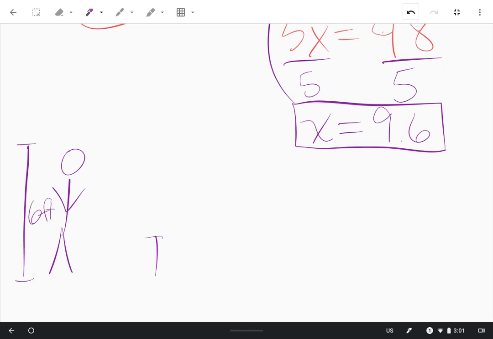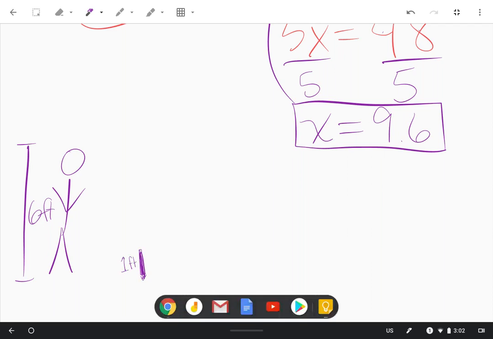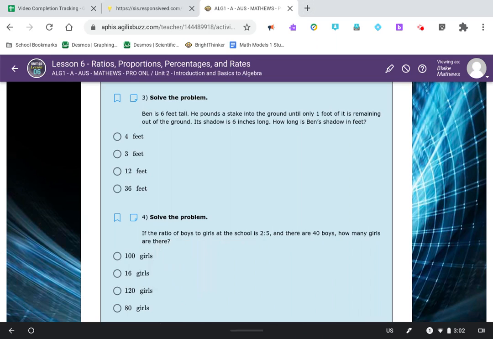Then we have a stake in the ground. The stake is 1 foot tall. Erase this. Let me draw this again. I have a stake in the ground. And it is 1 foot tall. And it says the shadow of the stake is 6 inches long.